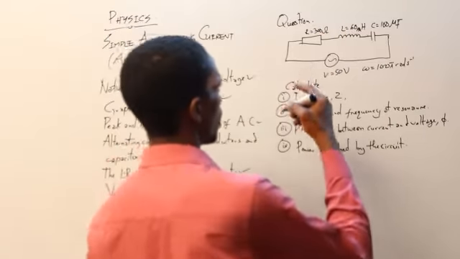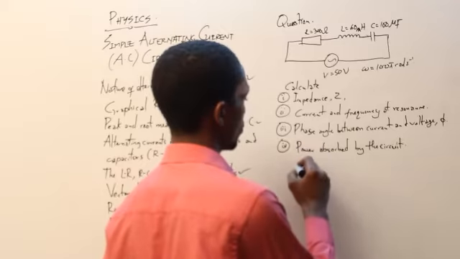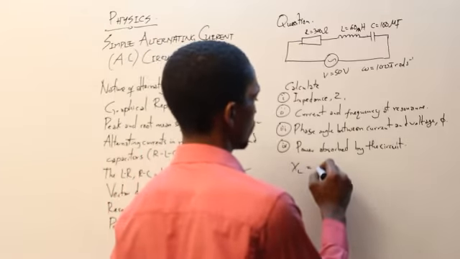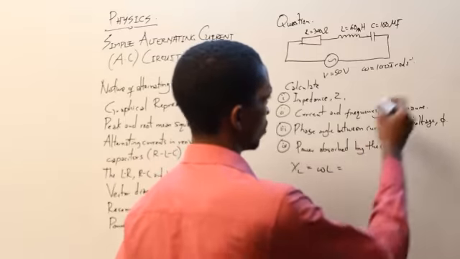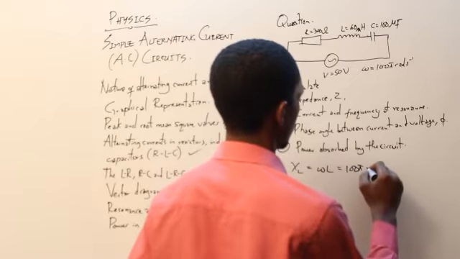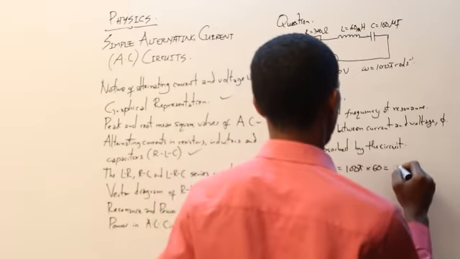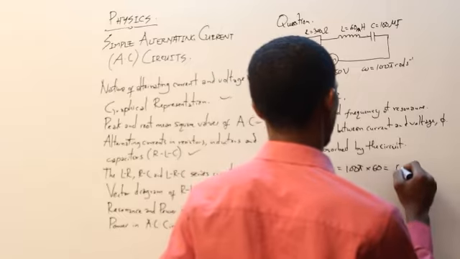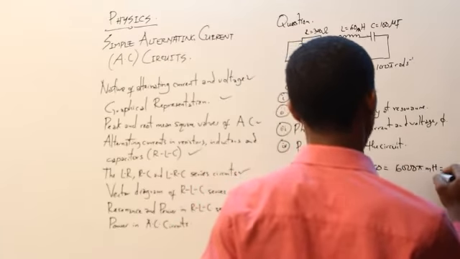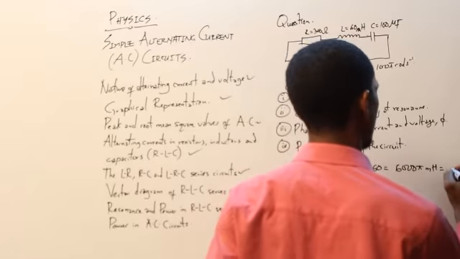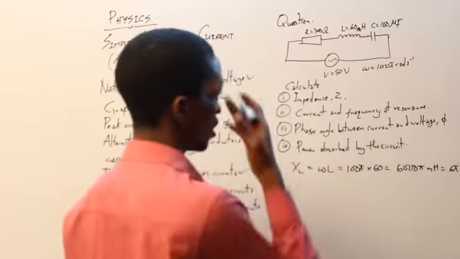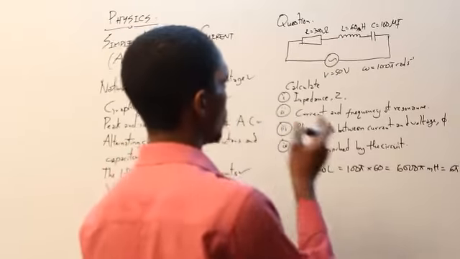We know our resistance, so we can calculate the inductive reactance as omega L, which is 100 pi times 60 millihenries, giving 6,000 pi millihenries, the same thing as 6 pi henries. Let's keep it that way for now. We'll work on the pi soon.